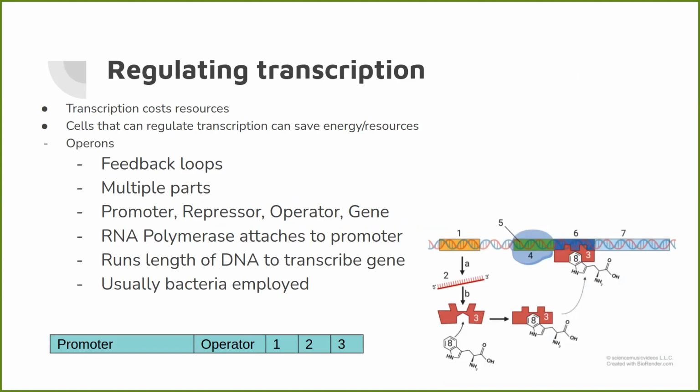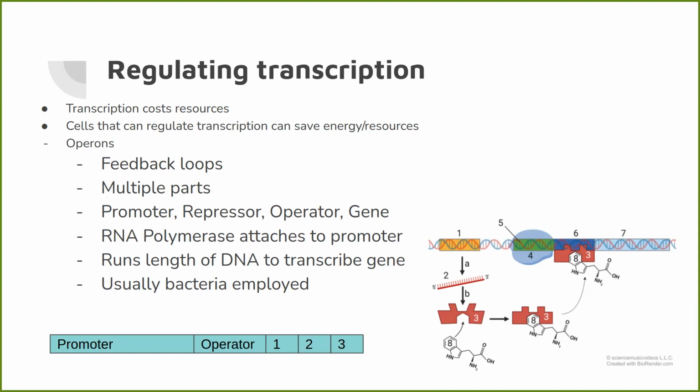One way to regulate gene expression is through restricting transcription. Organisms that can regulate transcription of genes can benefit by saving resources or materials for other tasks, and some products may not always be needed. One way to do this is through the use of operons. Operons are sections of genetic material that can be split into multiple smaller parts and rely on feedback loops and other proteins to regulate the transcription of genes.